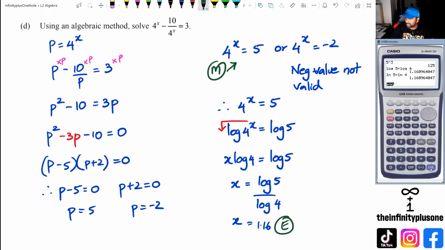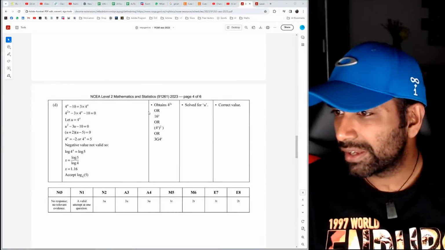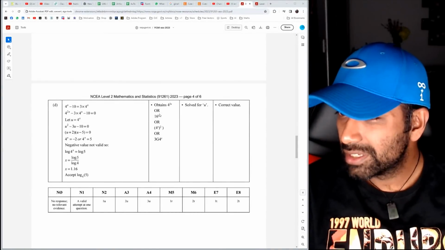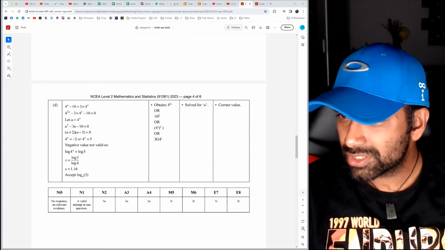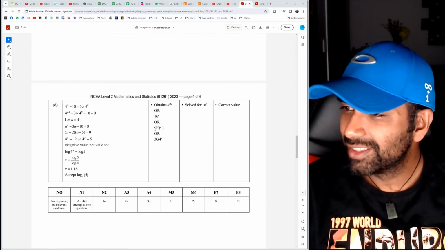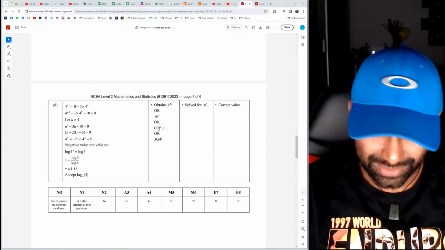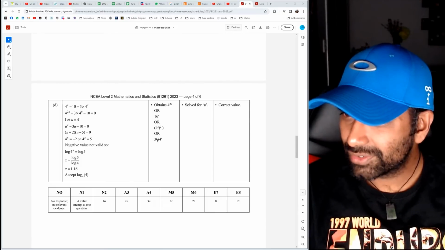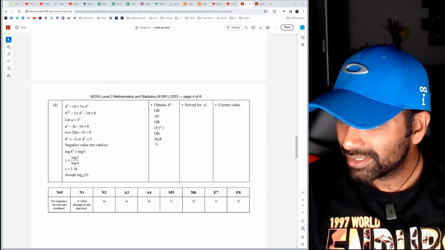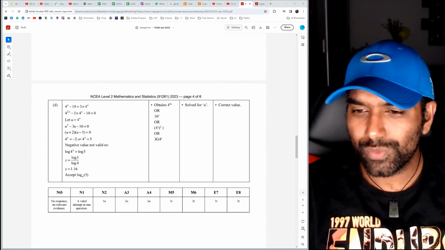As for achieved, obtains 4 to the power of 2x or 16x or 3g4x. Geez, 3g4x, I've not seen that. Let's have a look at the schedule here, trying to understand which part of it you're going to get achieved. So 4 to the power of 2x, we didn't do that method. 16x, we didn't do that method either. Or 4x squared, didn't do that method. Or 3g4x, yeah, not sure where that is.